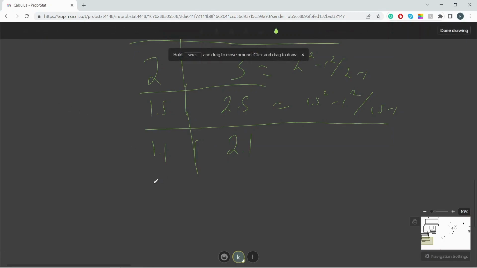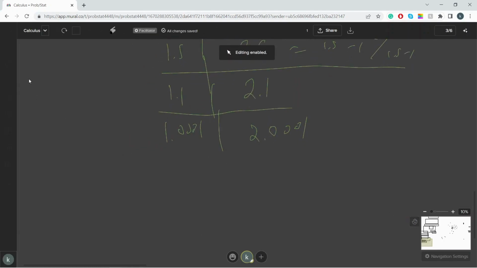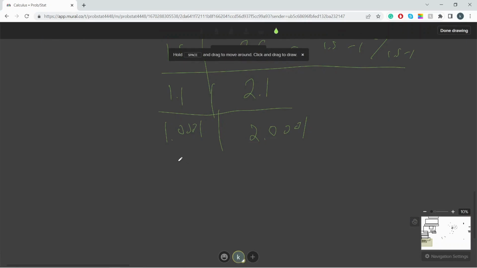Okay, we're getting even closer. Let's try 1.0001, and the value of the slope using this x equals 1.0001 as a second point is 2.0001. Okay, it seems like the slope is approaching a value. Let's do one more really, really close second point.